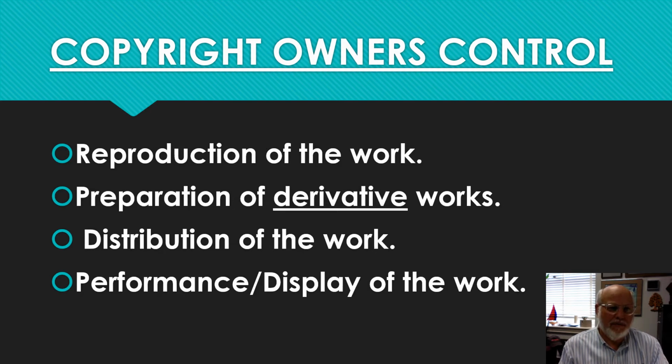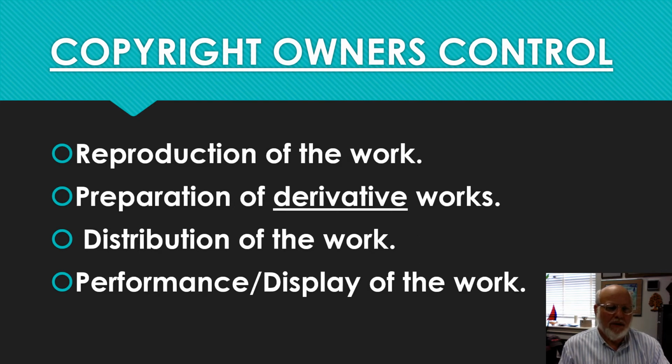If it's a story or a book or a play or a song or something like that, you are entitled to control and derive revenue from reproduction of the work. Derivative works we'll talk about more in just a minute, but a derivative work is one that's very closely associated with the copyrighted work.